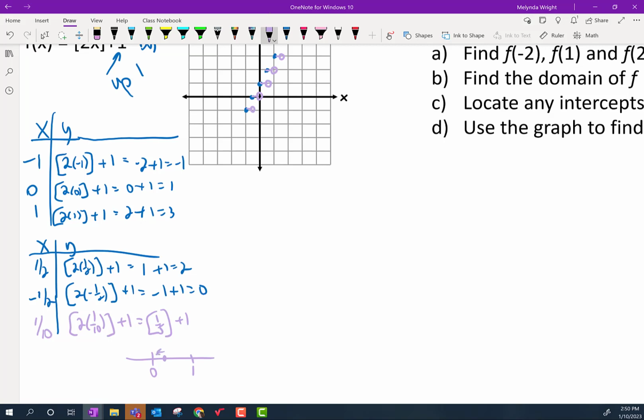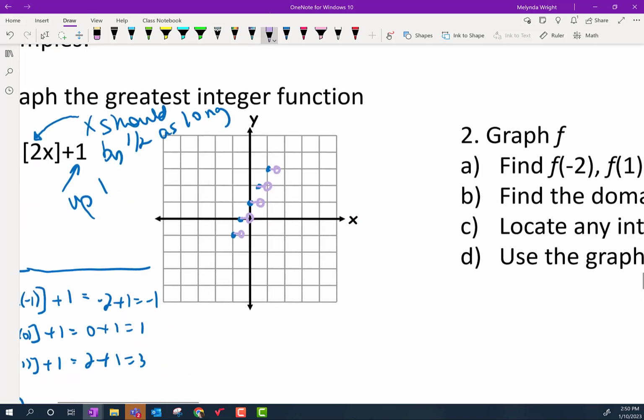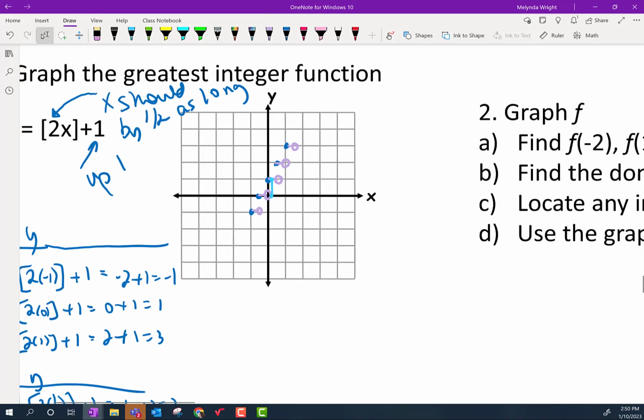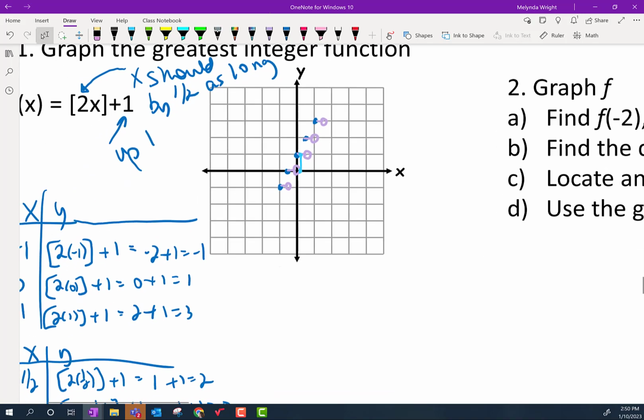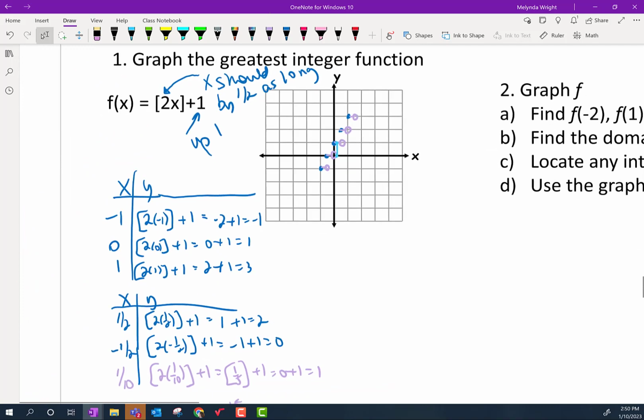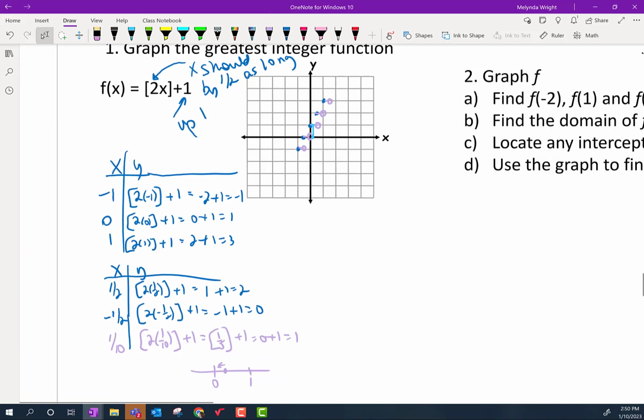So that's going to give me 0 plus 1, which is 1. So at 1/10, which would be around right here, the value is 1, which is what we anticipated. It's working correctly. So I'm going to pause here for a second.